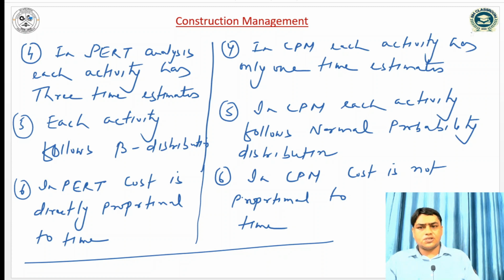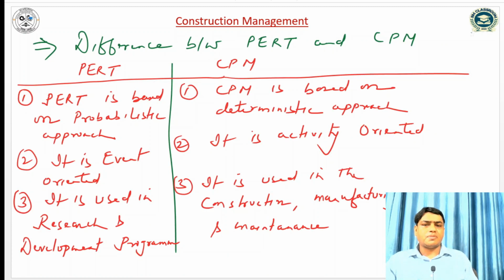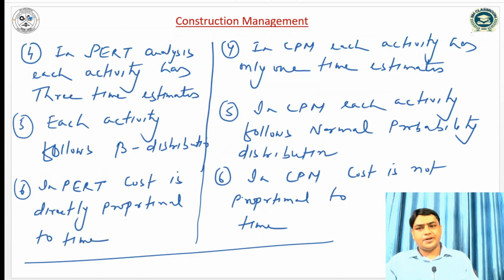So the first difference is PERT is based on the probabilistic approach, CPM is based on the deterministic approach. PERT is event oriented and CPM is activity oriented. PERT is used in R&D, research and development programs, and CPM is used in construction, manufacturing and maintenance.